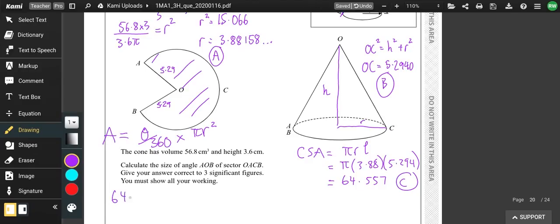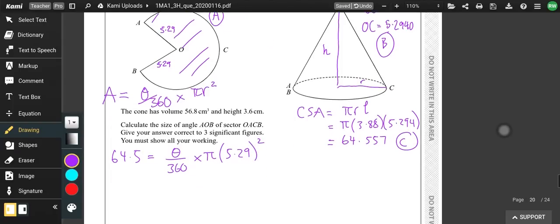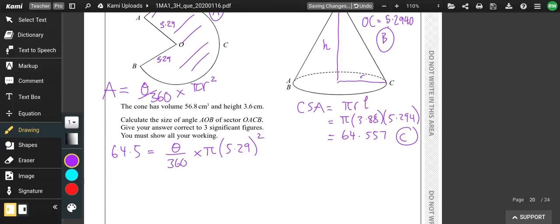So 64.557 is equal to theta over 360 times pi times the radius squared. The radius is actually OC, not the radius from the cone. So OC was B, which was 5.29 squared. Tricky. So we can rearrange this.